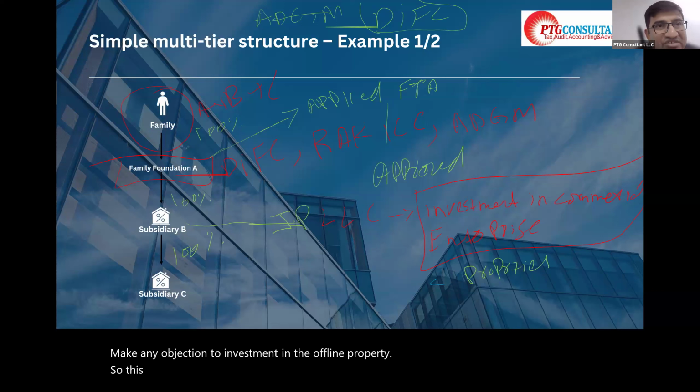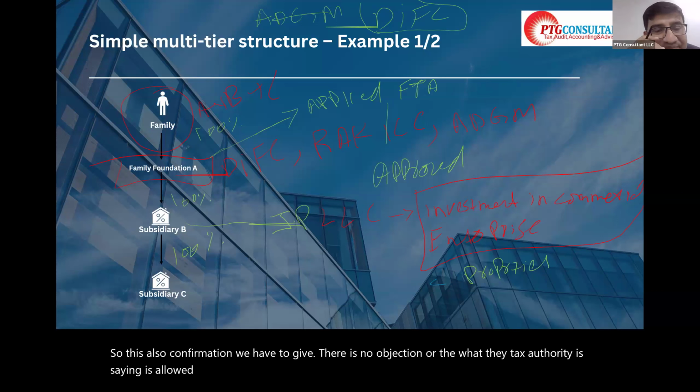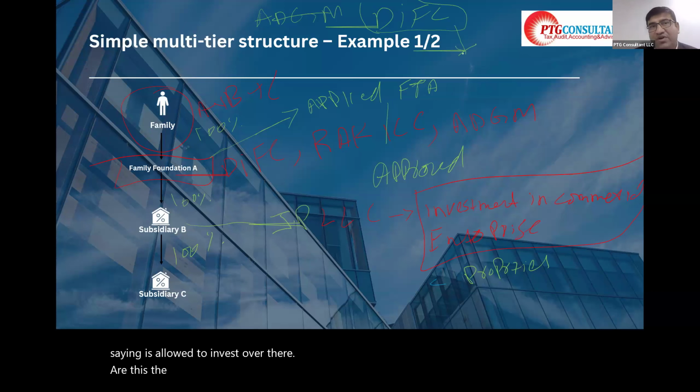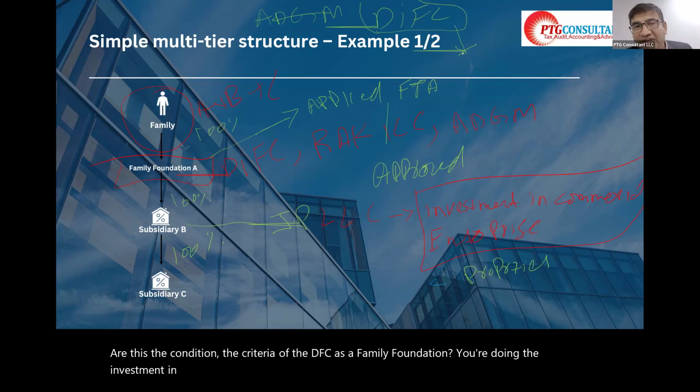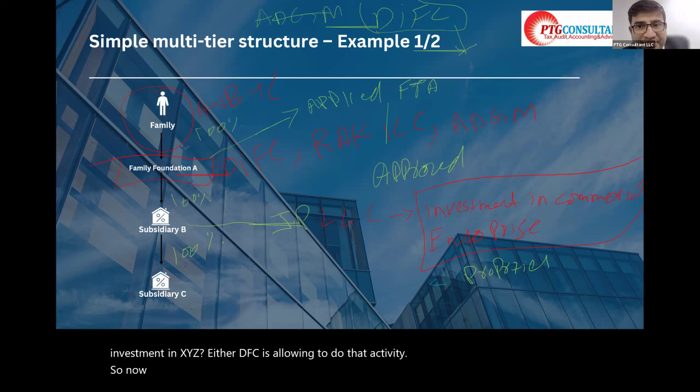Is there no objection, or what is the tax authority saying, is it allowed to invest over there? Or is this the criteria of the DIFC, that the family foundation is doing the investment in XYZ, and whether the DIFC is allowing that activity? Now if you own the property in Dubai, that's fine. In DXB, yes, you can own the property.